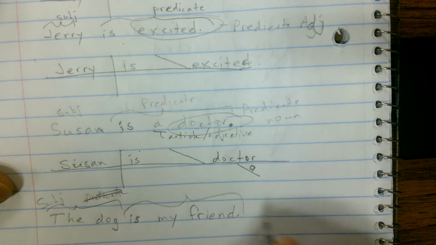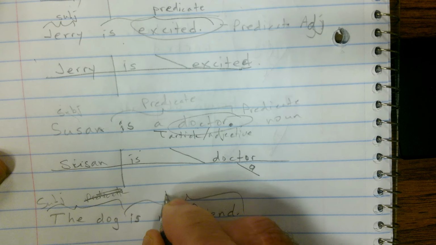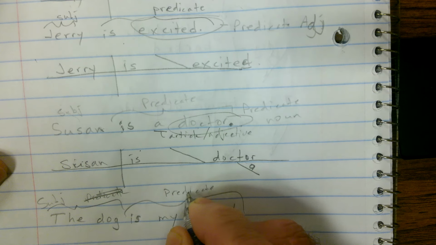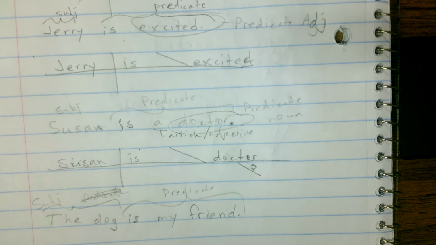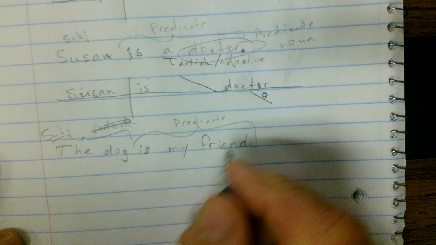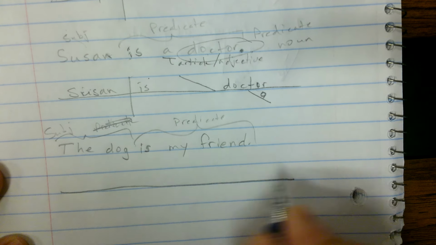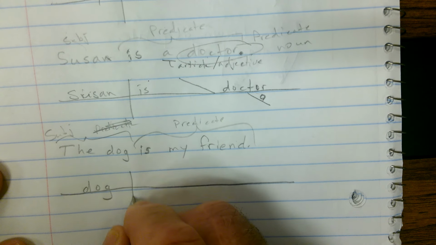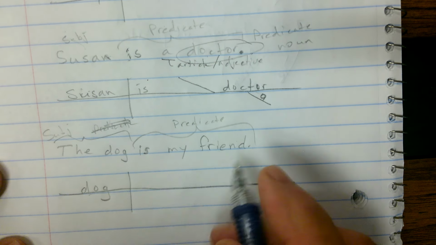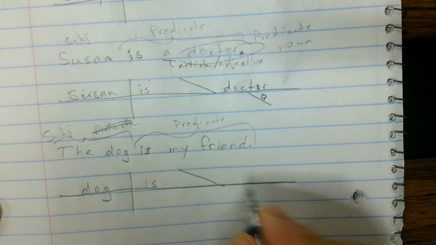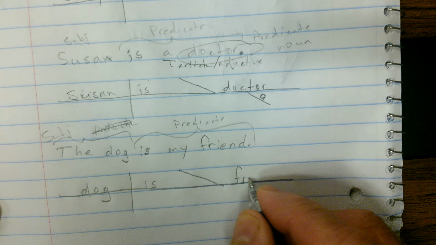Is my friend is our predicate. So the dog is my friend. I'll bet you guys have got this one figured out already. Dog, vertical line, separating our subject from our predicate, is, and what is the dog? The dog is my friend.